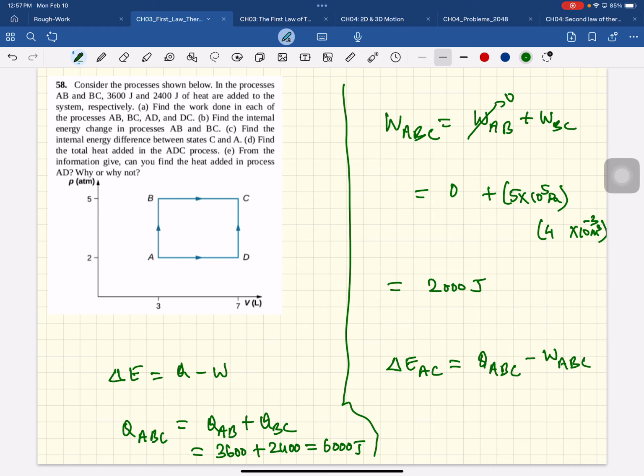Change in internal energy doesn't depend on the path, it just depends on the initial and the final point. These others depend on the path taken. So this is 6,000 minus 2,000, equal to 4,000 joules. And what you should be able to show is that this will equal QADC minus WADC.